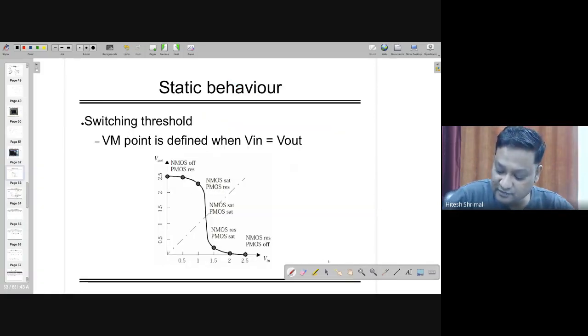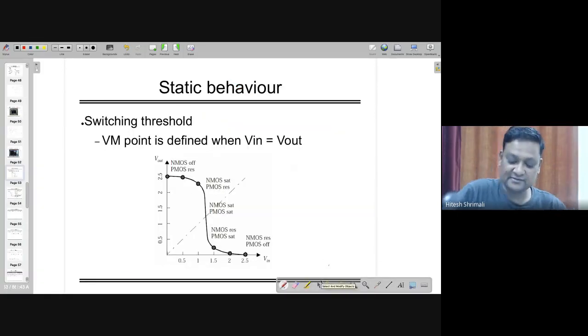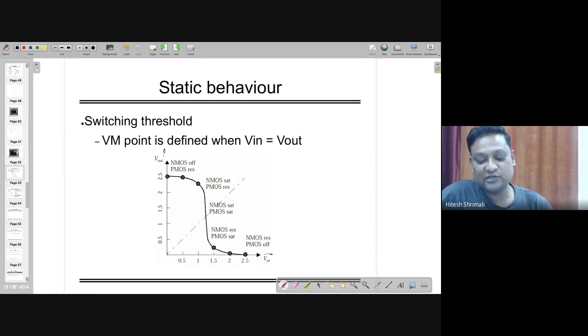So let's go to the next understanding, which is that we need to understand the static behavior. That's why we are still moving with the Vin with respect to Vout characteristic. We are not looking at the characteristic with respect to time. When we look at it with respect to time, we will be involved with the TPHL, TPLH equations thoroughly.